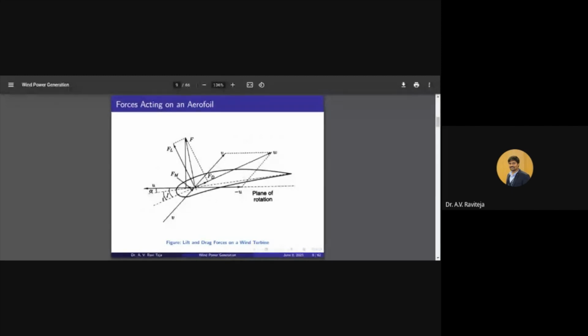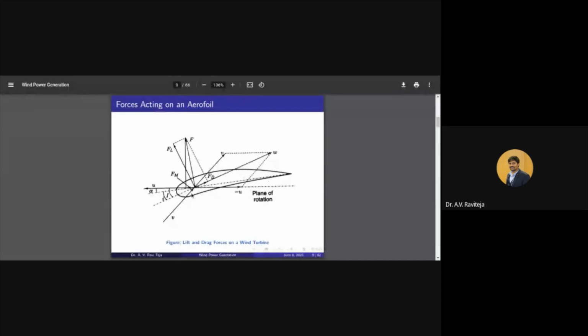And you can understand that this lift force, as the name suggests, will try to lift or rotate the turbine blade, whereas drag force is trying to pull the blade out of the turbine, which is counteracted by the hinges at the turbine. So this drag force component is not useful for rotating the turbine blades, whereas the lift force component will rotate the turbine blades. So it is desirable that the wind hits the blade such that the lift force is maximum and drag force is ideally zero or minimum.